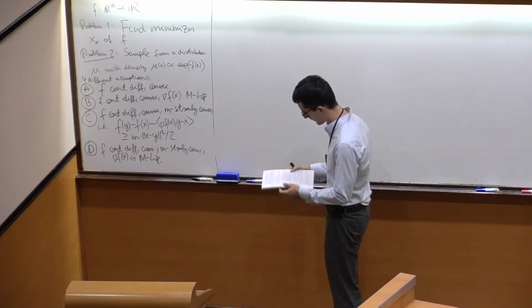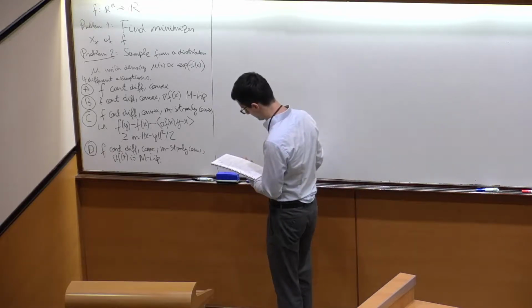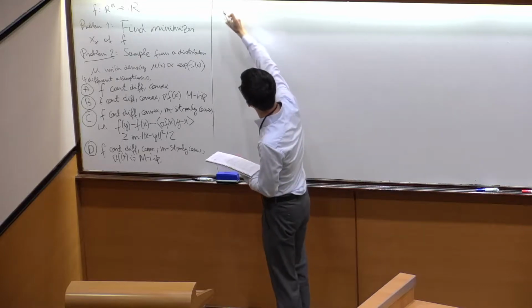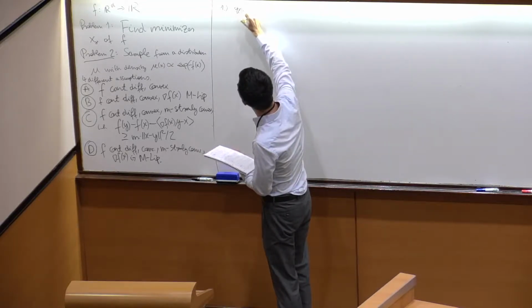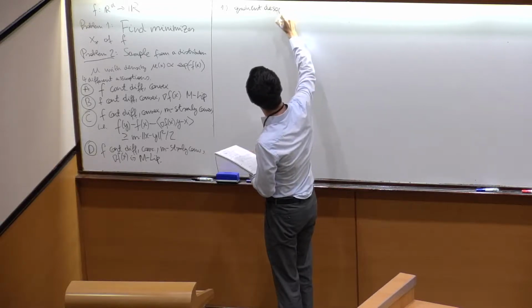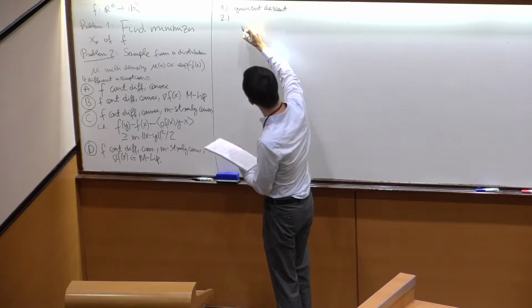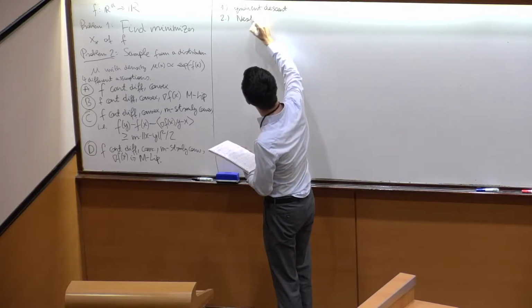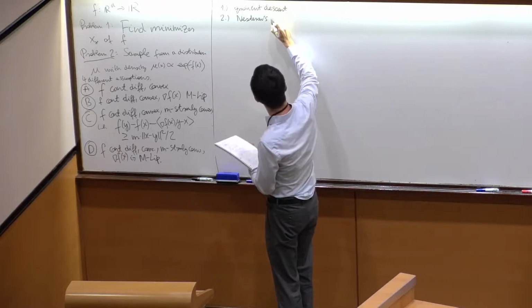Now we are going to consider several optimization methods. The first of them is gradient descent. The second is Nesterov accelerated gradient descent.